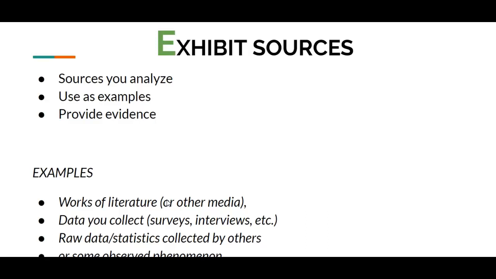It might be things like surveys or interviews, statistics. And it could even be something that is more of a popular source. For example, if I was doing research on something like cyberbullying, I could potentially use screenshots from Facebook or something like that, that I would never use as a scholarly source, but if I'm using it as an example, it works.